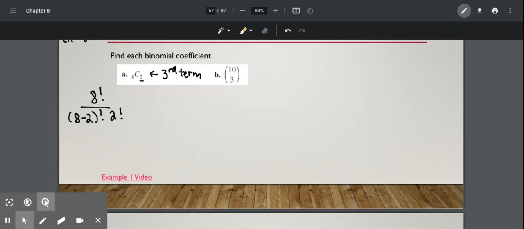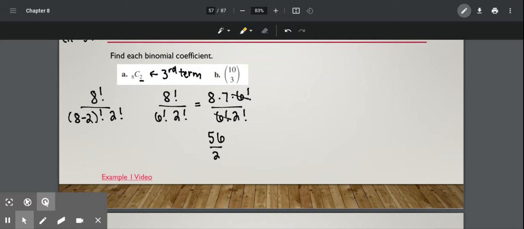Simplifying, you get 8 factorial over 6 factorial times 2 factorial. 8 factorial is really 8 times 7 times 6 factorial, over 6 factorial times 2 factorial. So those simplify. 8 times 7 is 56, and 2 factorial is 2. So the coefficient of our third term would be 28.